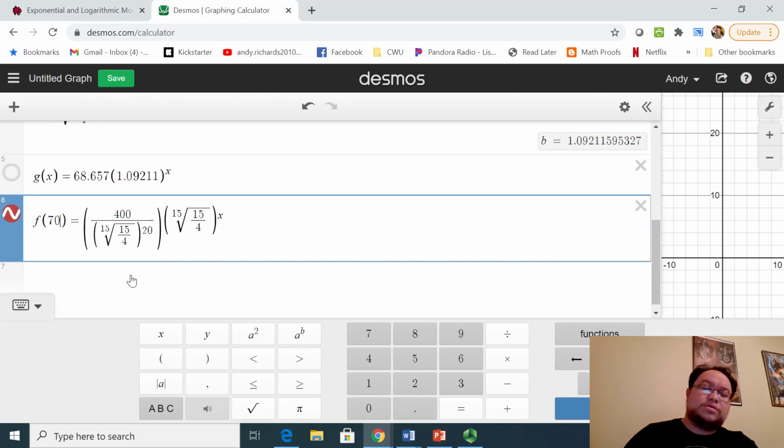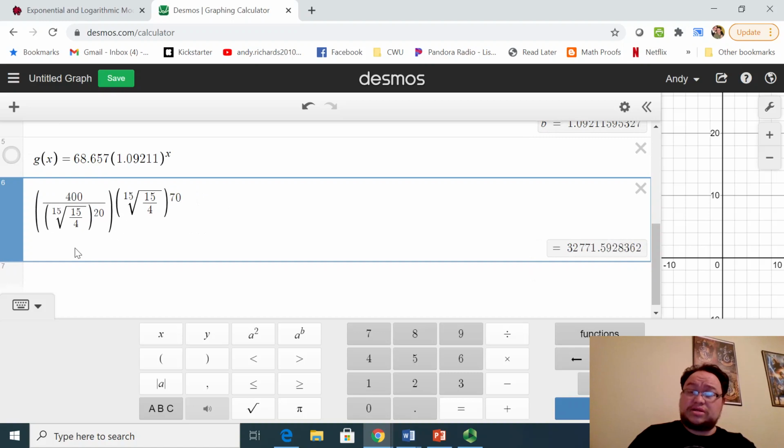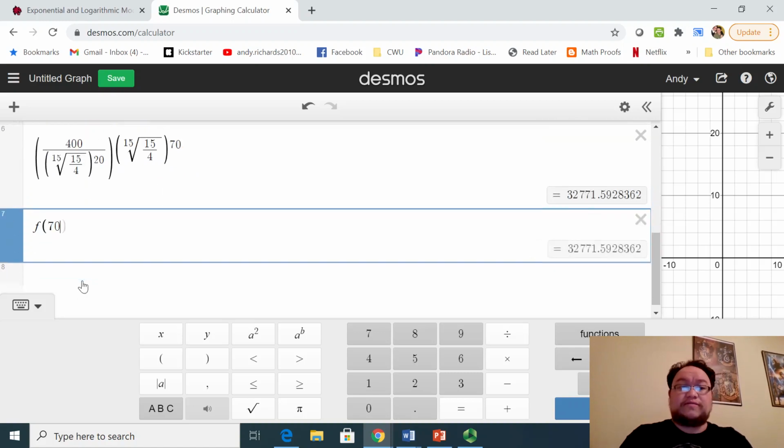And if we want to know what it is when x is 70, what that means is we replace x with 70 wherever we have this, right? So I can put that in there like this. So one way to handle this problem would be to take the whole thing and send it through in Desmos. Another way would be to go, well, tell me what f of 70 is, and then off we go with it. So those are two ways that Desmos can help you with that piece of it.